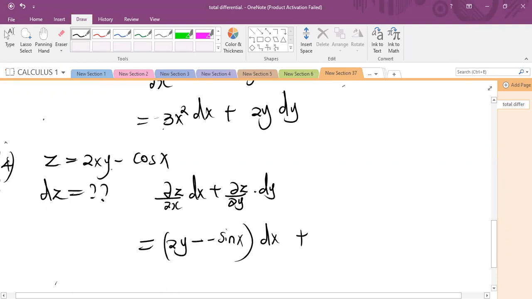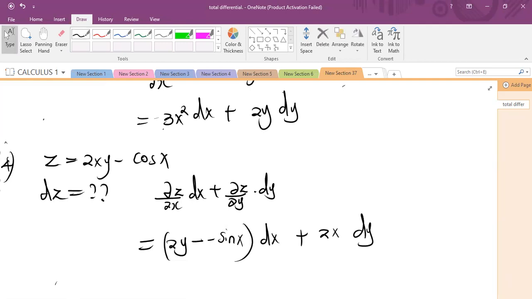So x will be treated as a constant. This will give 2x because the derivative of y is 1. So we have 2x differentiating with respect to y. Since we don't have y here, the whole of this will be a constant, that will give us 0 dy. So basically that's how we go about getting total differential.